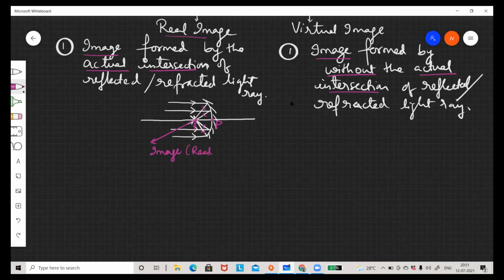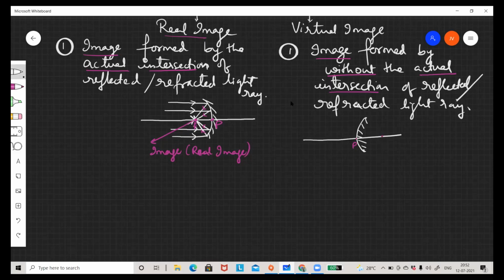How do you identify a real image? A real image is that image which is formed by actual intersection of reflected light rays, unlike the virtual image. See, in case of a convex mirror, there's a principal axis and this is the pole.